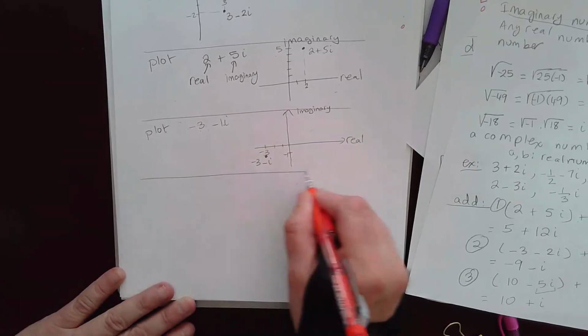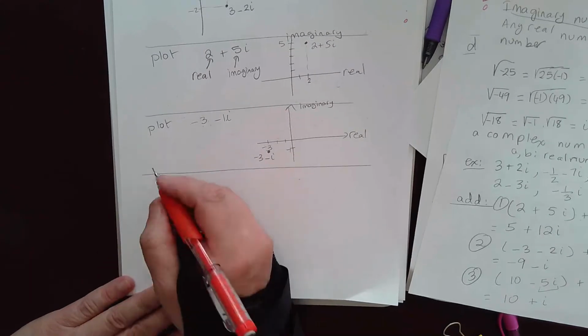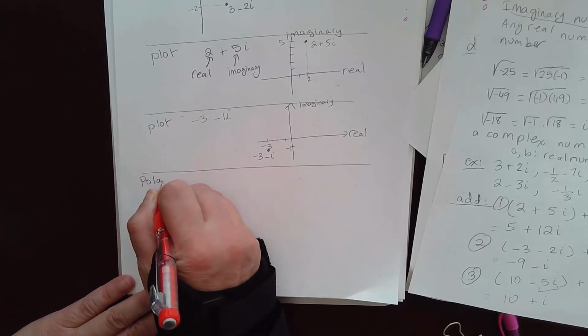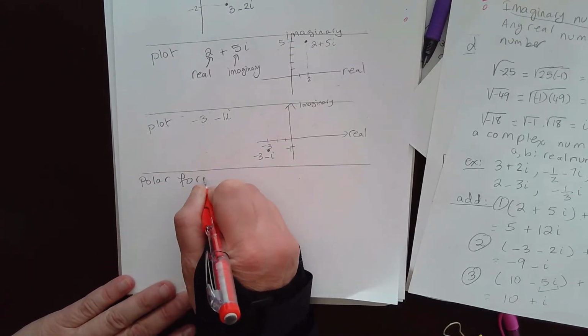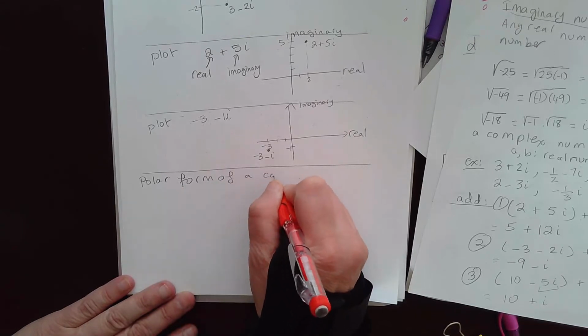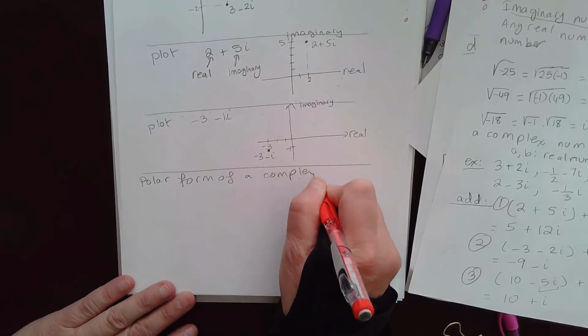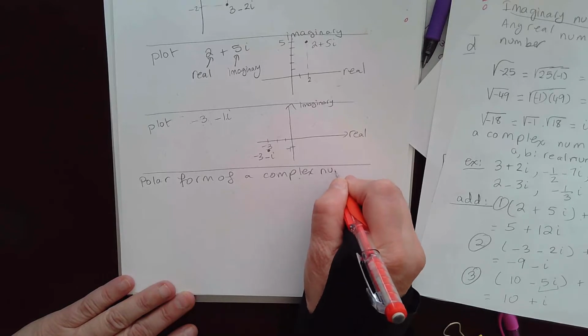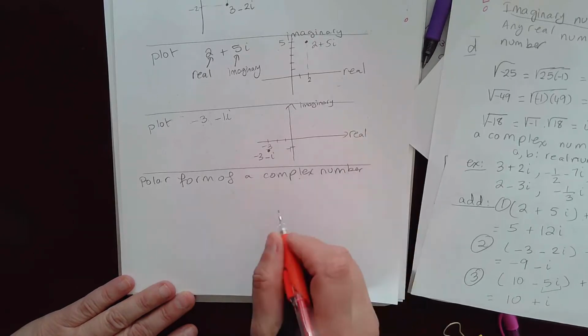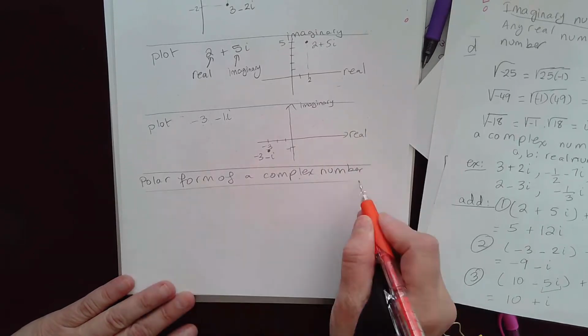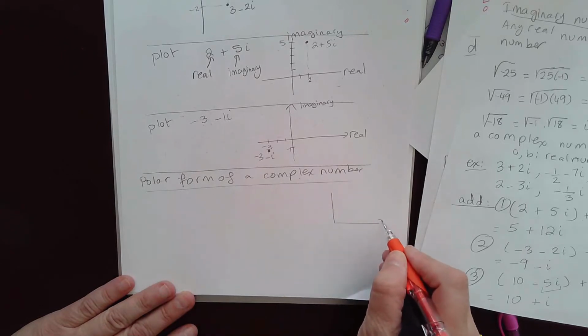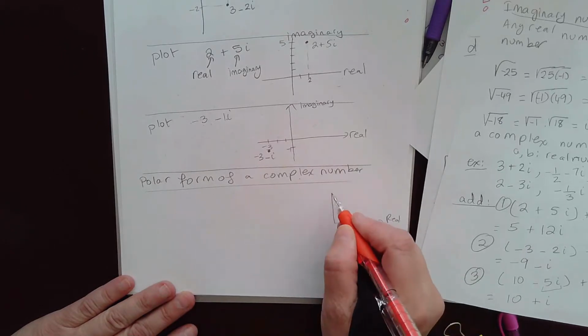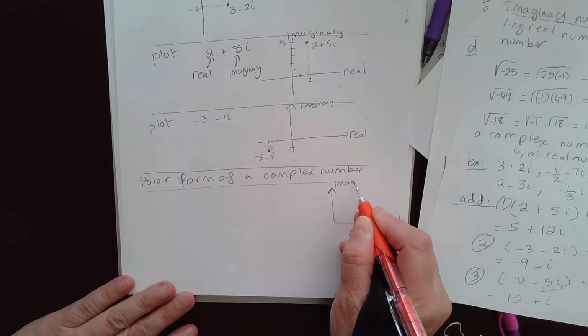Okay, so let's see, the polar form of a complex number. Well, here's your real axis, here your imaginary axis.